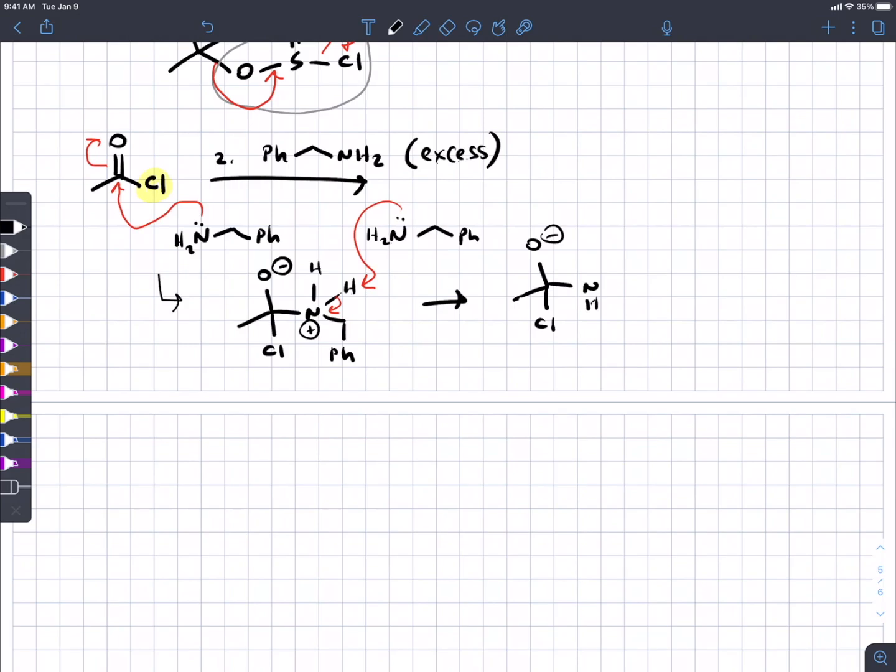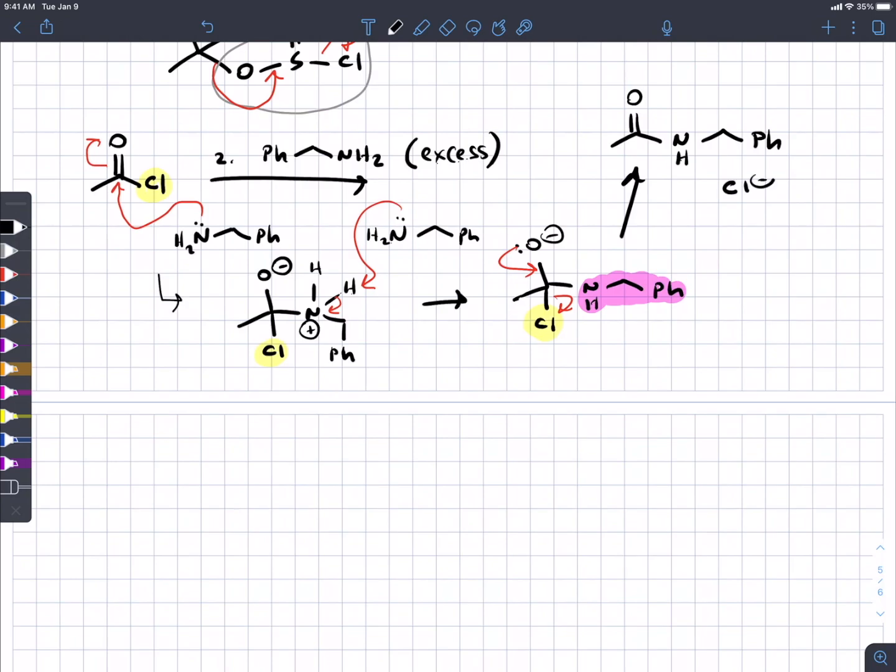At this stage, you have a tetrahedral intermediate where there is only one good leaving group, which is this Cl minus, and then you have not a good leaving group here. Electrons on the negatively charged oxygen kick down, the leaving group leaves, and that generates your amide product.